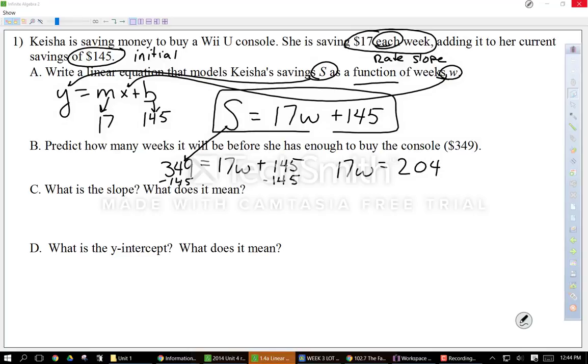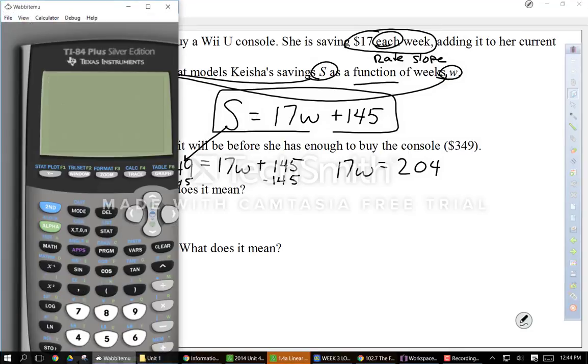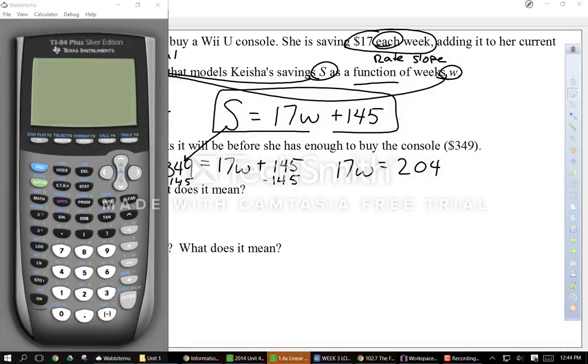And then using your calculator, we get 204 divided by 17, and that equals 12. So 12 weeks, this person needs to save in order to buy her Wii U.